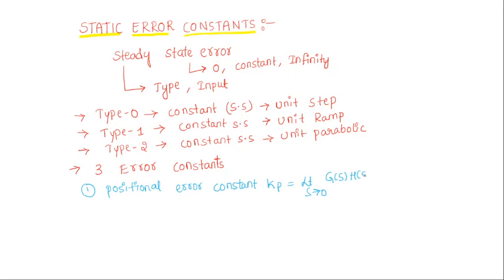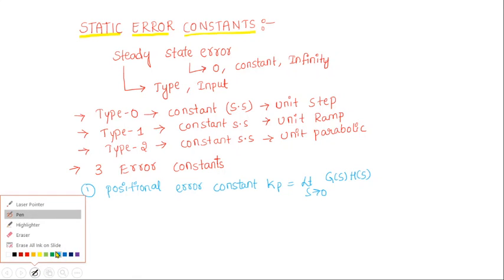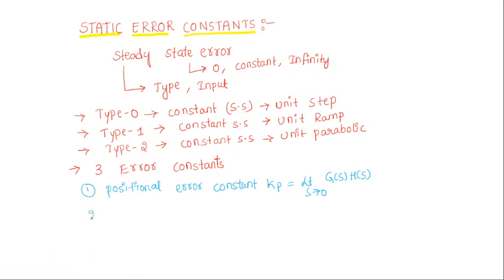So depending on the above three cases, we have the three error constants. These three error constants are also called the static error constants. In that, the first one is the positional error constant. And the second error constant is the velocity error constant.